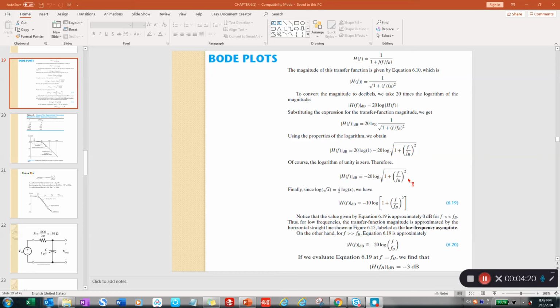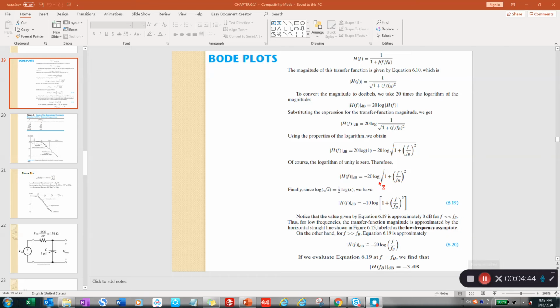What if we continue to increase the frequency? If f equal to 100 of fb, then we know that this part is much higher. Then 1 will be ignored. Then after you calculate the square root, you are going to get 100.